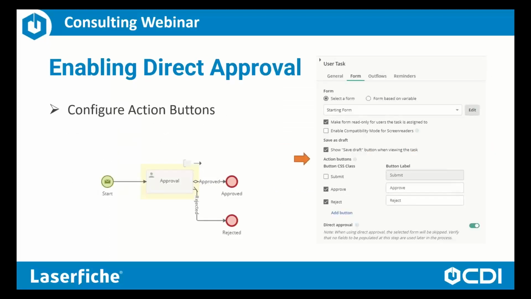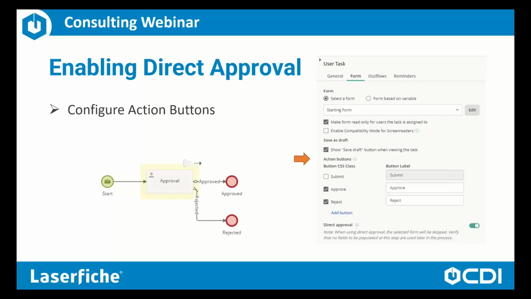Enabling direct approval in your existing Laserfiche Forms process is very easy. First, we'll configure our action buttons, and these are going to be configured by default when we have our approval process configured in Laserfiche Forms with multiple outflows.